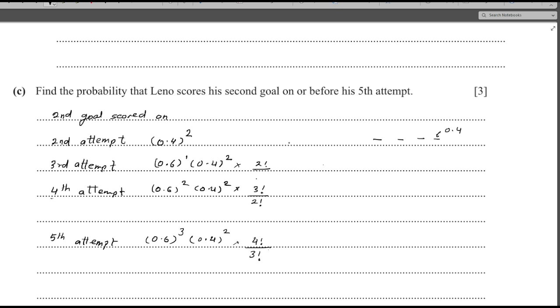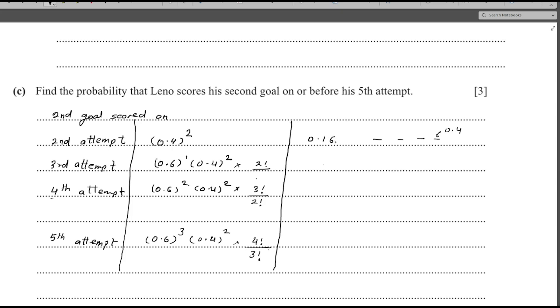So let us see their calculation. Let us divide them in columns. Now 0.4 square is 0.16.